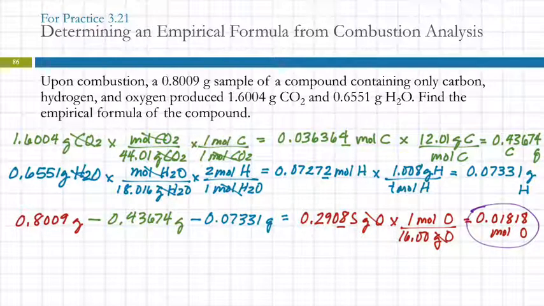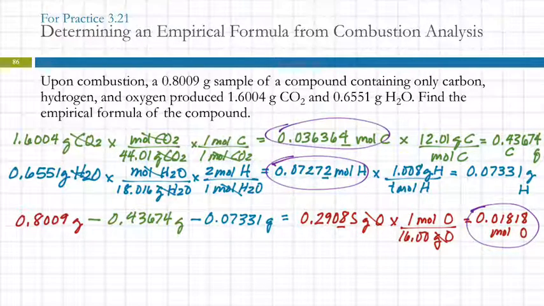So moles of oxygen, moles of hydrogen, moles of carbon. I need to find the ratios. So I divide all of the moles by the smallest one. The smallest one is 0.0181, right?